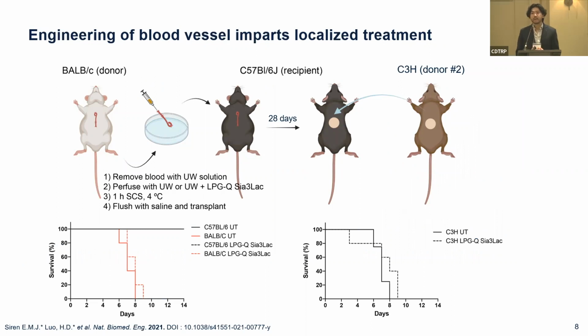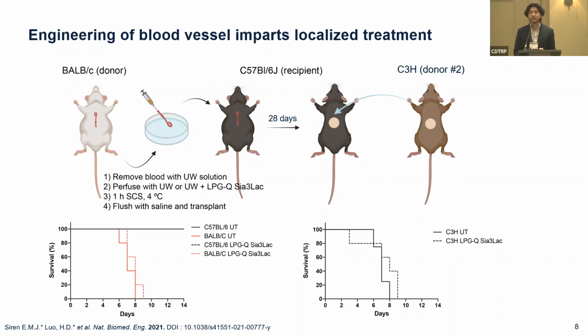In this case, what we decided to do is a double transplant. The first transplant is still the same as previously: we're using a piece of artery, transplanting allogeneically, and then waiting 28 days. Then we're doing a second transplant, in this case a skin graft. We decided to do 3 different pieces of skin: one similar to the donor, one similar to the recipient, and a third-party skin graft that is not a strain of either the recipient or the donor.